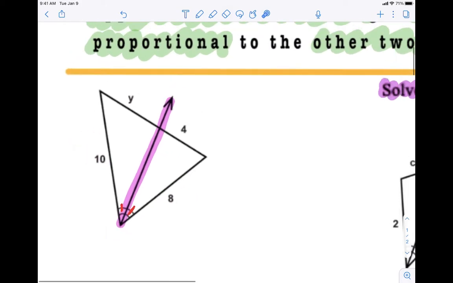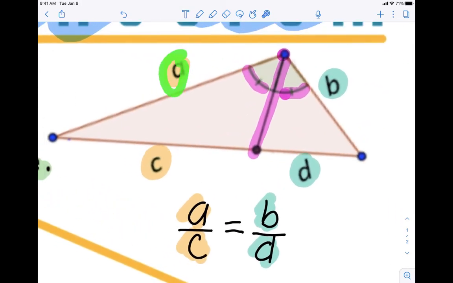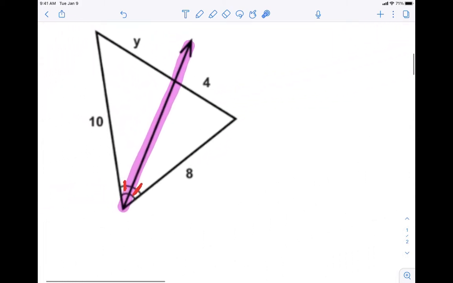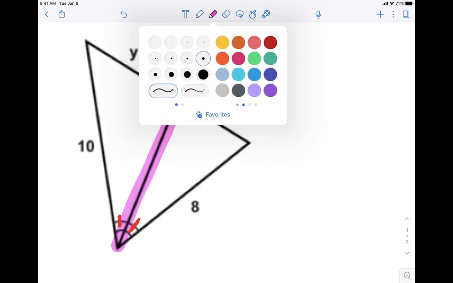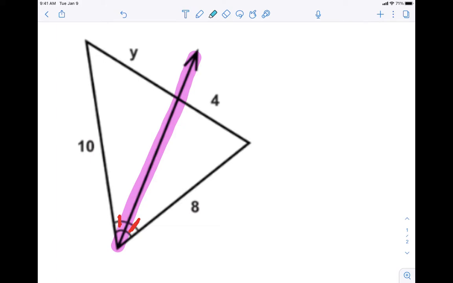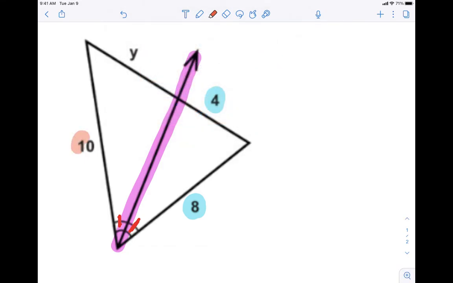So let us use our colors to see, just like we did here. See, A is relationship to C and B is relationship to D. So let us use colors to identify the relationships. So I'm going to say 8 has a relationship with 4, and I'm going to say that 10 has a relationship with y.